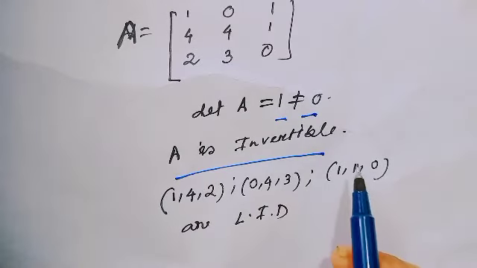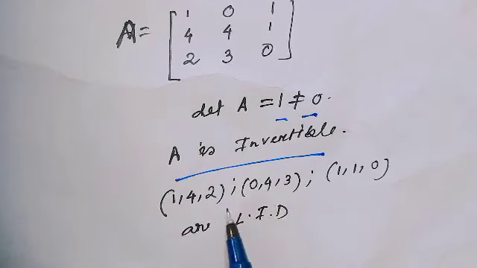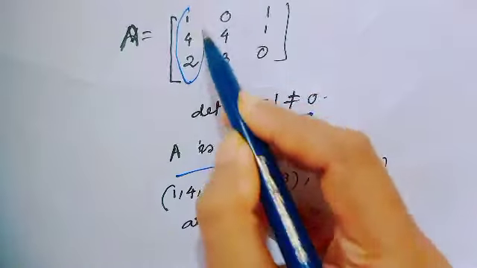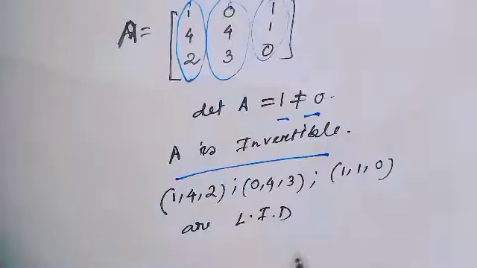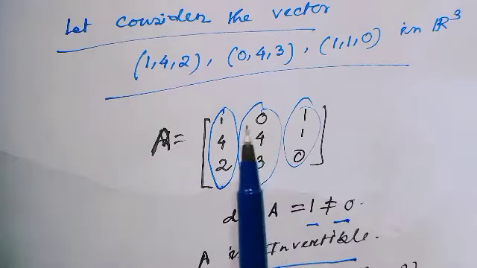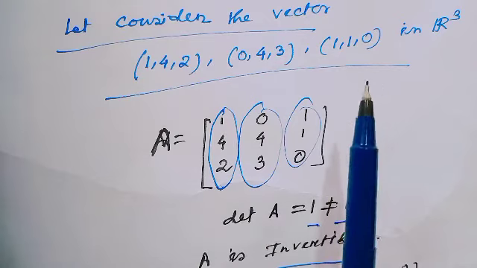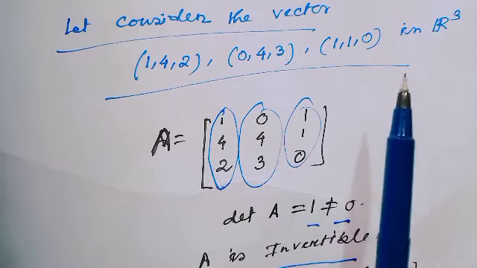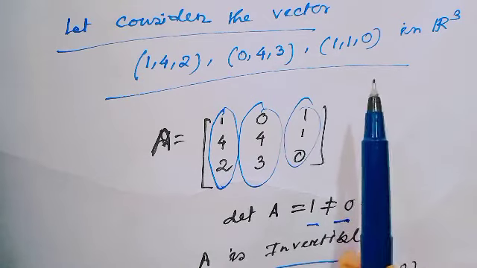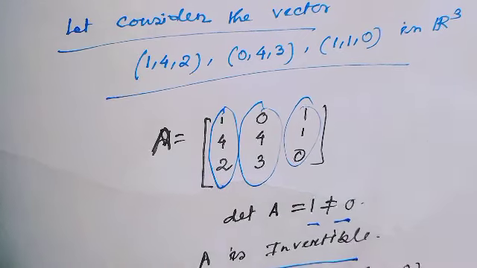And since A is invertible, these vectors, which are the column vectors of this matrix, are obviously linearly independent. This is another method to check linear dependence or independence of vectors. But one thing noticeable: this is applicable only when the matrix is a square matrix.